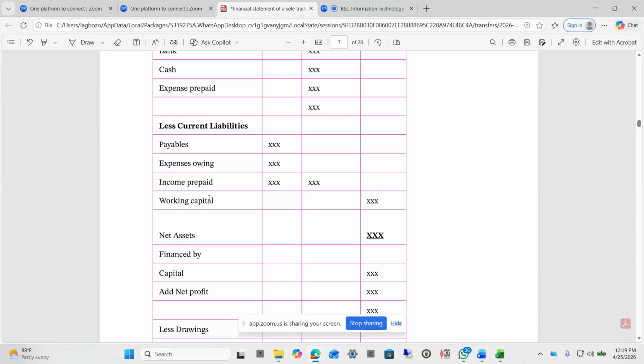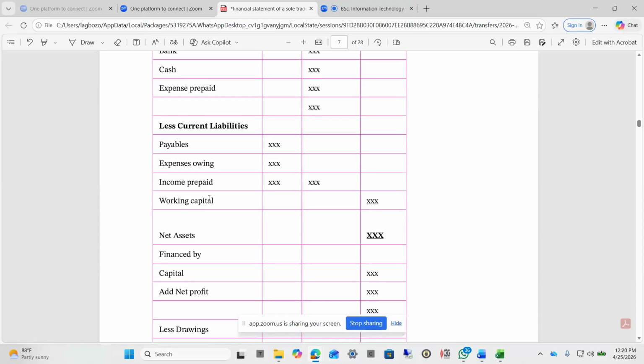But if it comes in the form of money on which interest will not be paid, but when you make a profit, then you share, then we call it shares. And that is called equity. Equity holders don't receive interest on their investment.